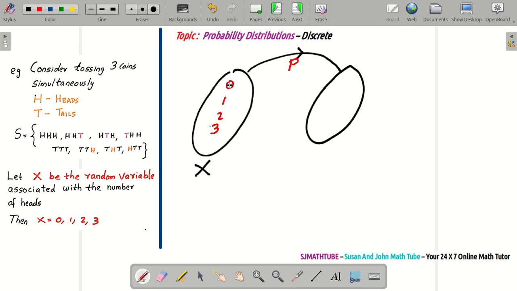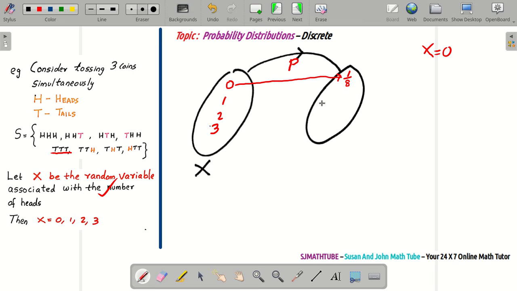So tell me, what is the probability I'll get capital X is equal to 0? Capital X stands for the number of heads. So tell me, what is the probability I will not get any head? Yeah, only one case. That means the probability will be 1 upon 8.